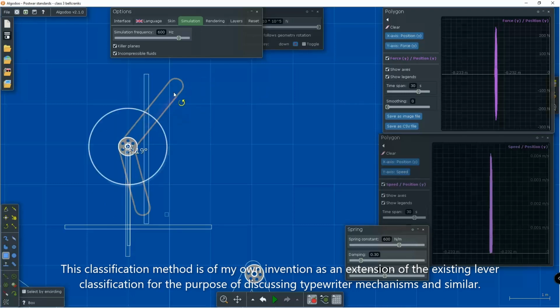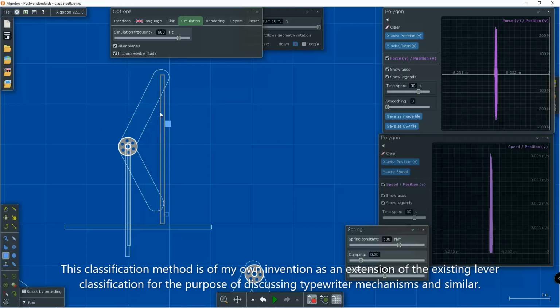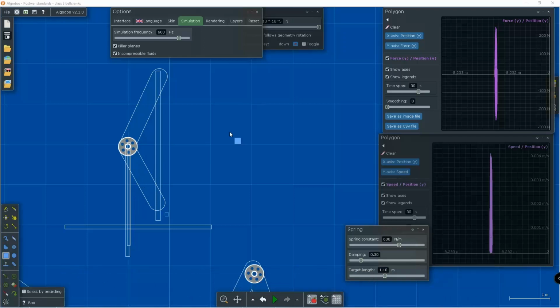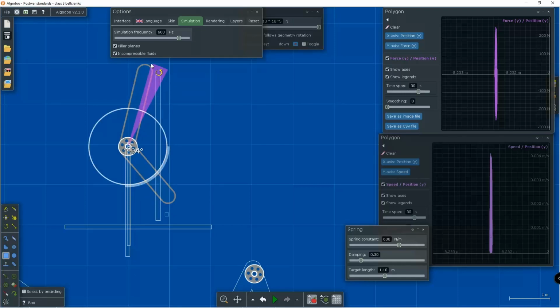Then, in the case that the effort vector is parallel with a line between the effort and load vertices, I would call this a class 2.5 bell crank, since the bell crank is between being either a class 3 or a class 2 bell crank.